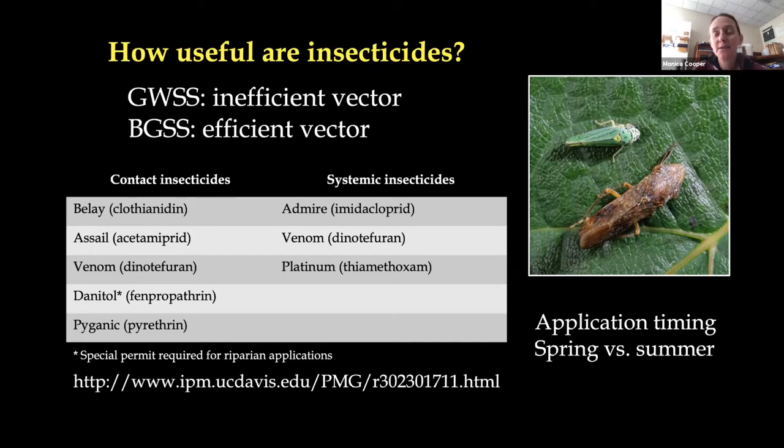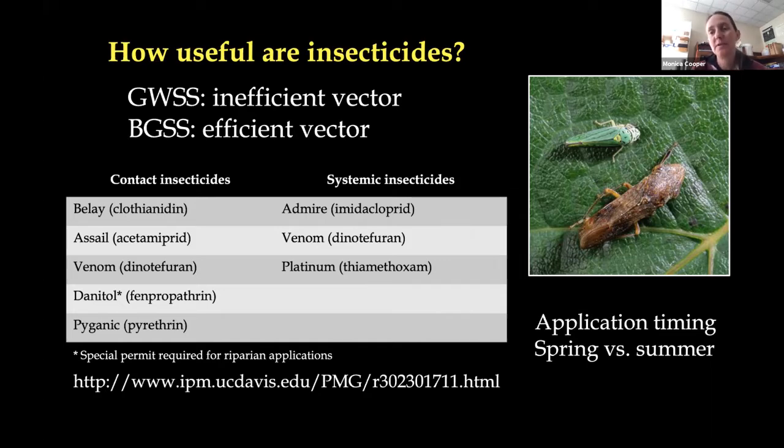That's worked pretty well for us with glassy-winged sharpshooter. It's allowed us to contain the glassy-winged sharpshooter in the southern part of the state, and it hasn't moved very much and established in the north or the coastal areas. Although there are other things being done, such as inspections of plant material moving out of those areas, that are also helping.